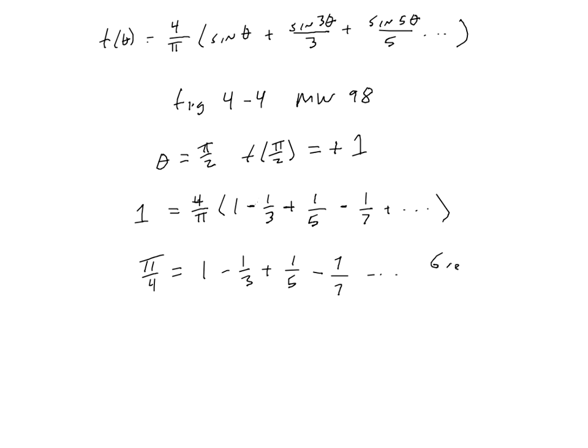This is known as Gregory's series. So basically, you can create this infinite series that gives you what pi is by simply calculating it from the Fourier series.